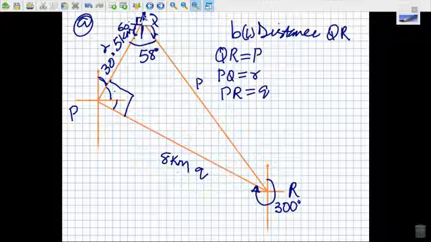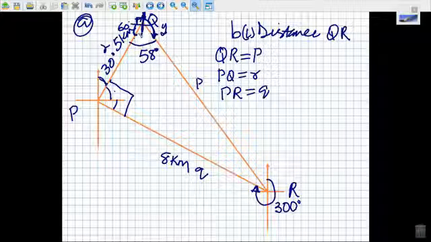And this is 90. This angle is what we are looking for. Let's call it y. The sum of angles at a point is equal to 360.